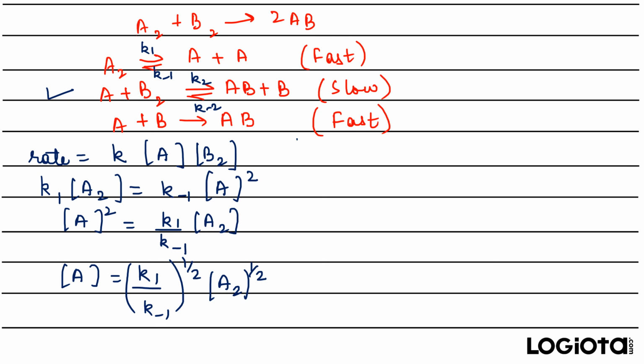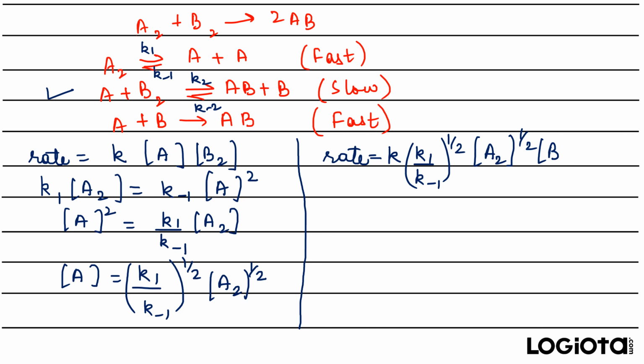Now further we need to put this thing in the rate law. So the rate will be equal to K multiplied by, for A we will write K1 over K minus 1 under the root, A2 under the root, B2, right?